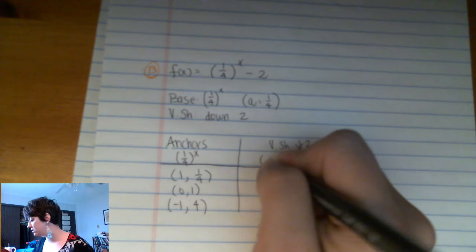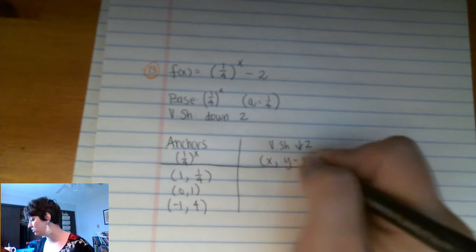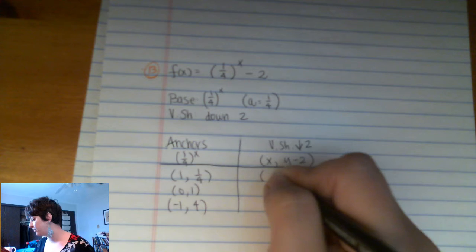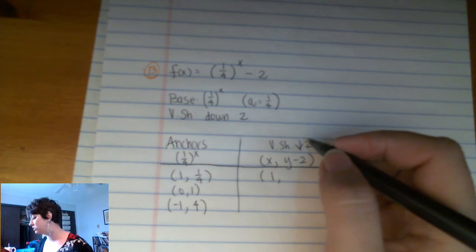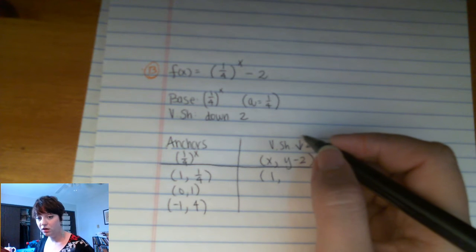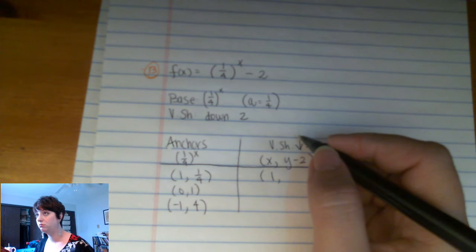If I want to shift down 2, I leave x alone. I subtract 2 from y. Leave x alone, subtract 2 from y. So instead of 1, 1/4, I'm going to have 1, negative 1 3/4, right?